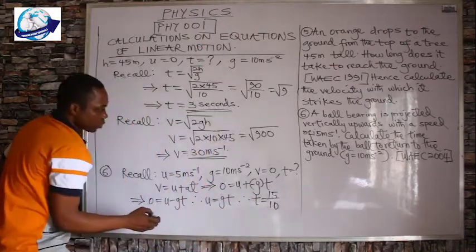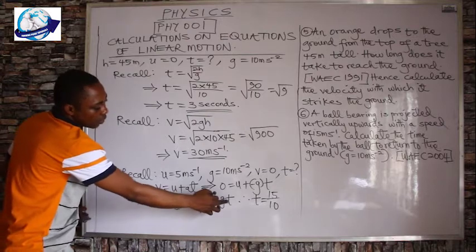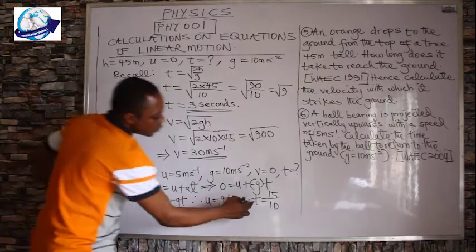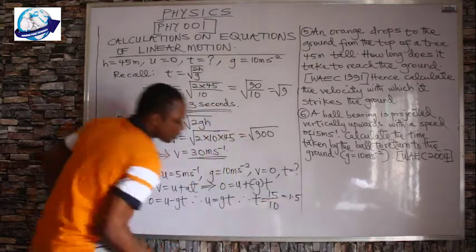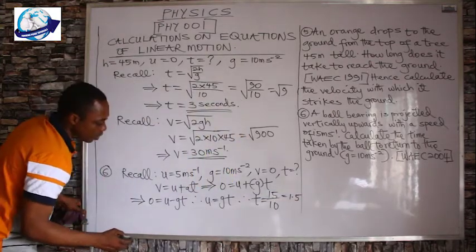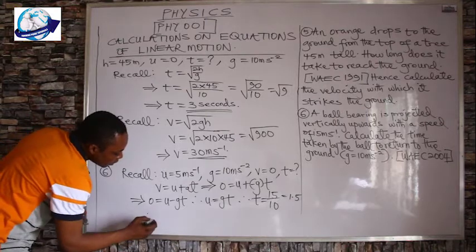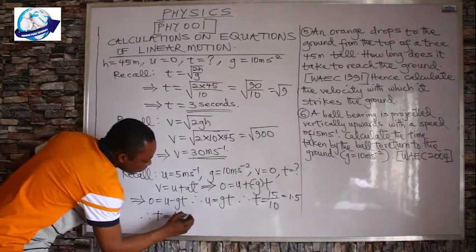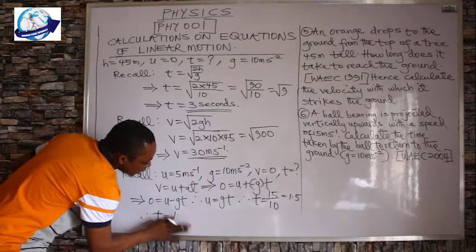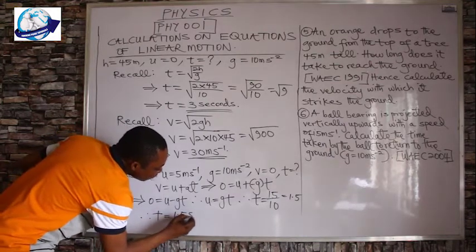So t is equal to 15 over 10, that's 1.5. The time is 1.5 seconds. Therefore, the time to get to the highest height is 1.5 seconds.